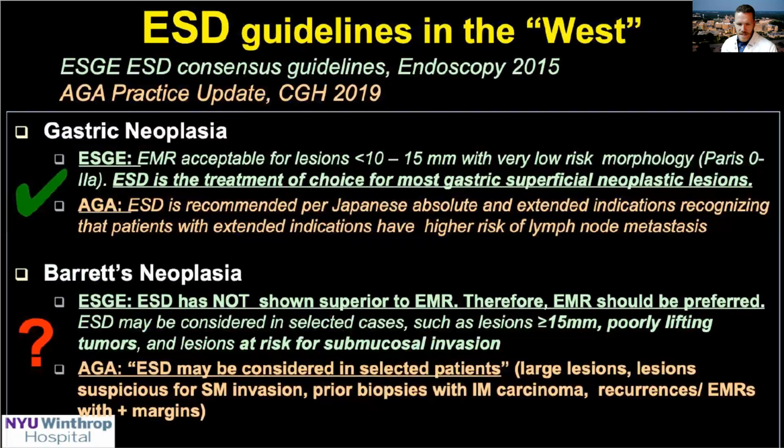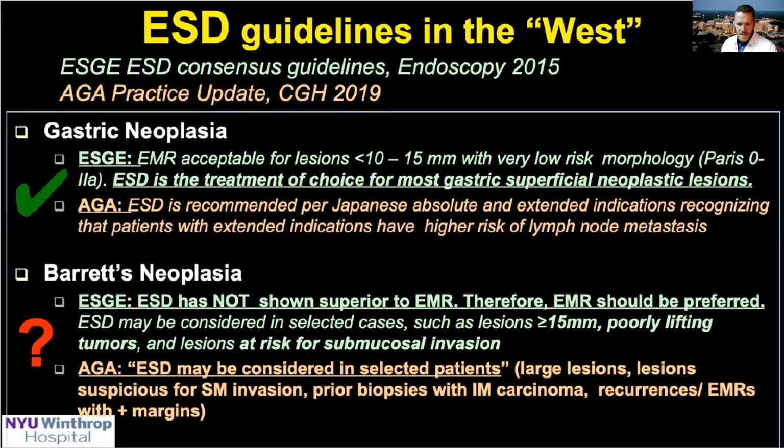And the Western guidelines represent that fairly well. If it's a gastric neoplasm, both the European and the American gastroenterology guidelines give ESD top billing or right alongside EMR. But when it comes to Barrett's, it hasn't been shown to be superior to EMR.